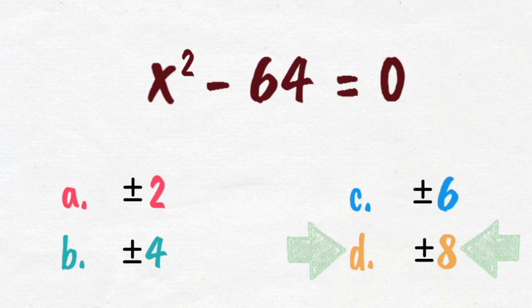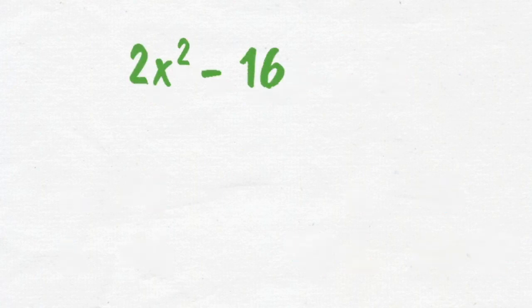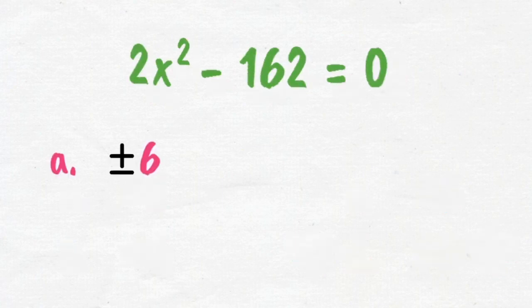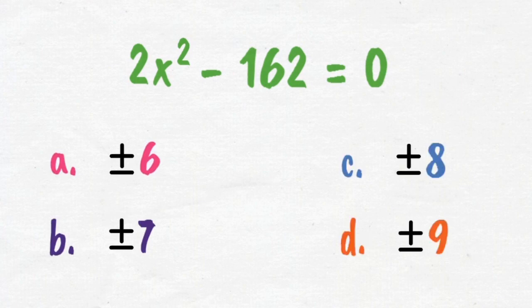And the answer is D, positive and negative 8. Let's have another one. Which of the following are the solutions of this equation? And the answer is D, positive and negative 9.